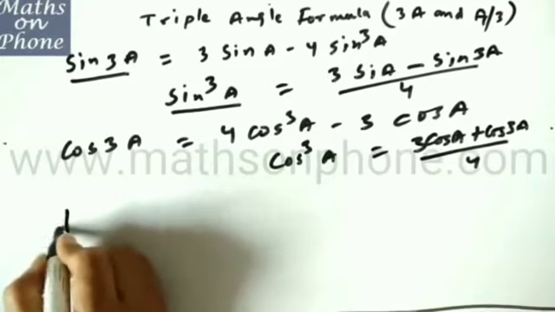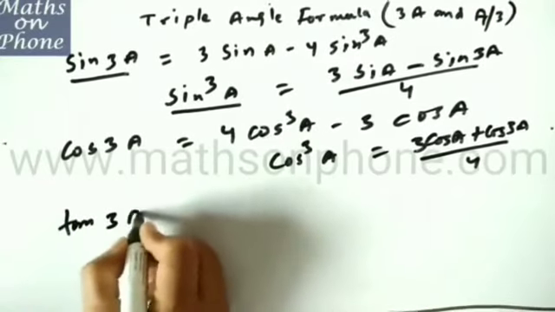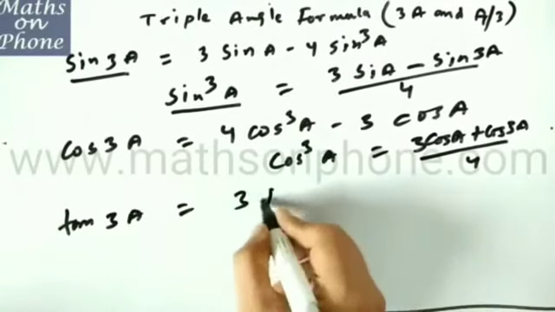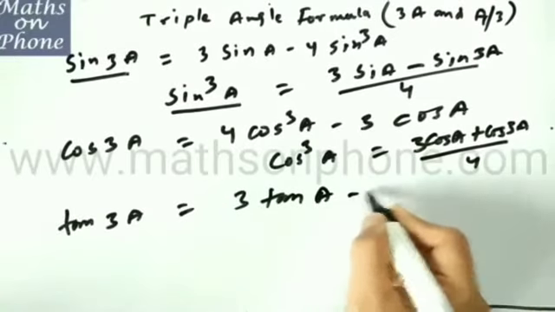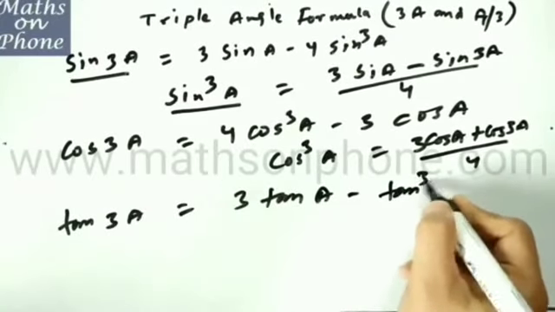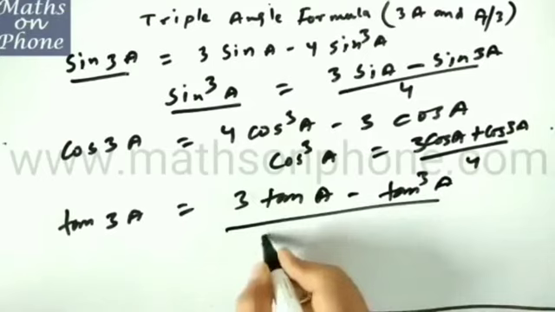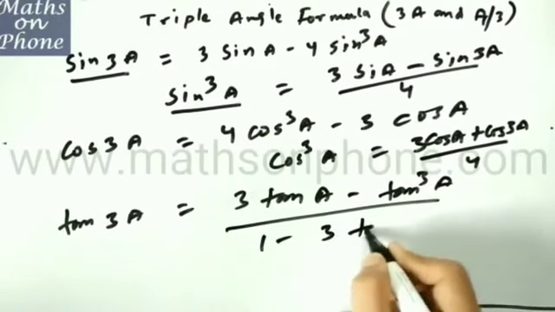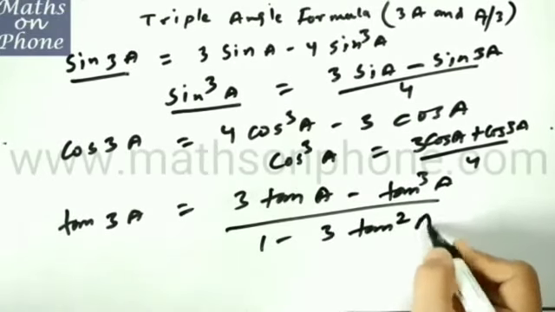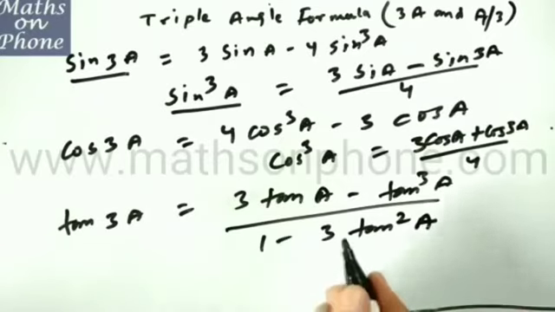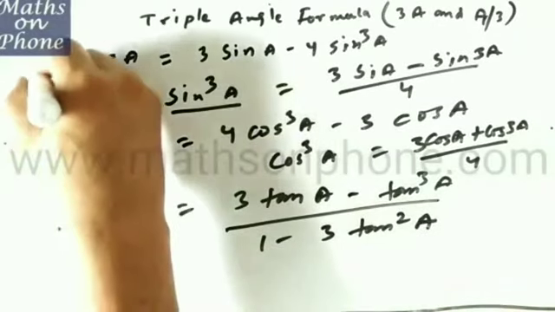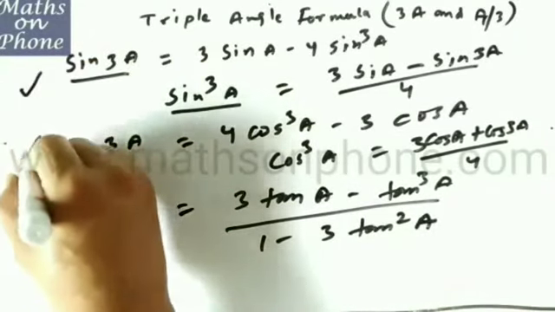Now you see tan 3A will be (3 tan A minus tan cube A) by (1 minus 3 tan square A). This is a very important formula. You will use these to find the values of certain angles.